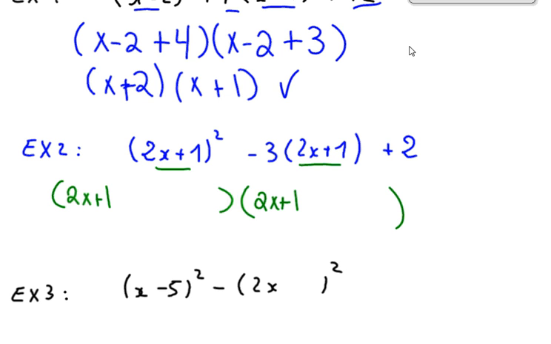So when we multiply 2x plus 1 times 2x plus 1, we will get 2x plus 1 squared. In our heads, we're then thinking, what two numbers multiply to 2 and add to negative 3? So we'll need a negative 2, and we'll need a negative 1 to give us a positive 2 when we multiply them, and negative 3 when we add them.